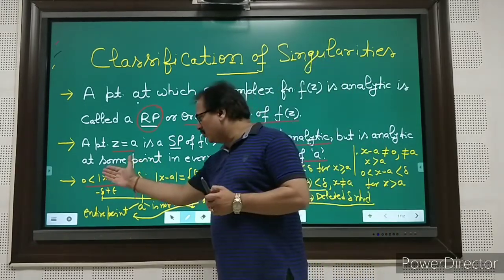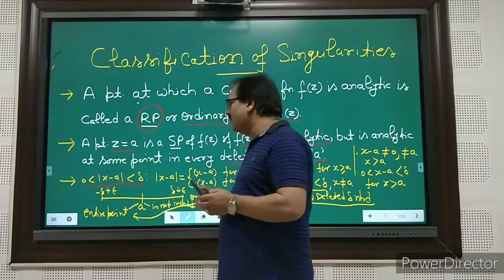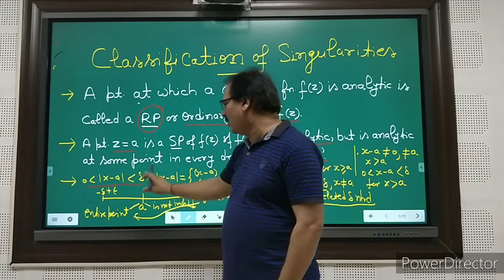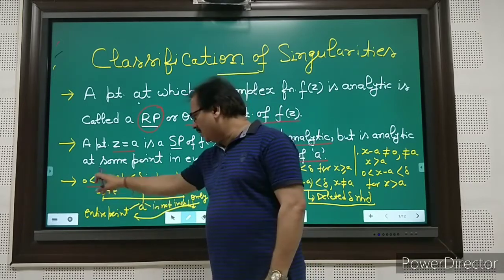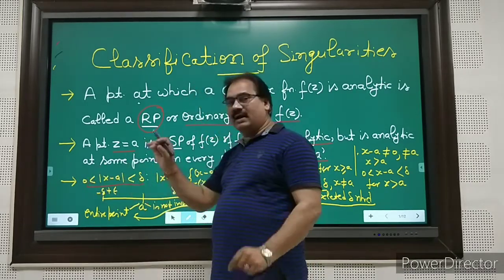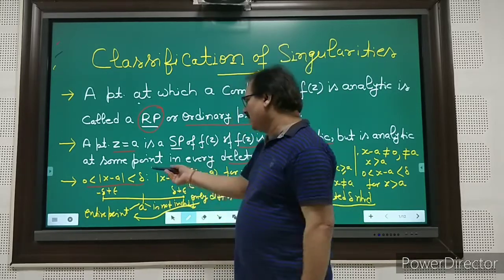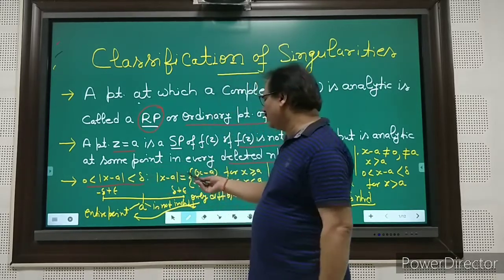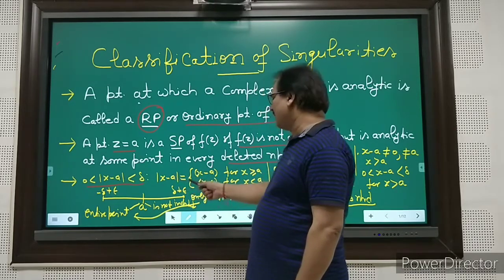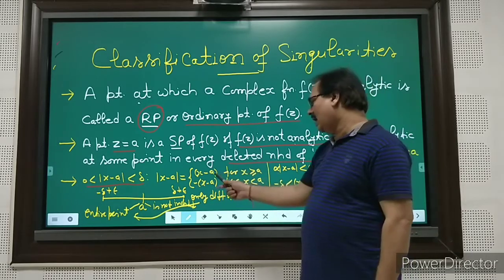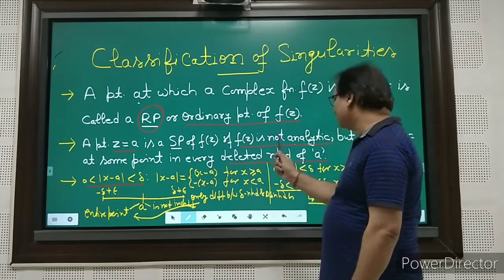This inequality lies between greater than 0 but less than a very small quantity del. This is the modulus: mod of x minus a means x minus a for every x greater than or equal to a, and it is negative when x is less than a.